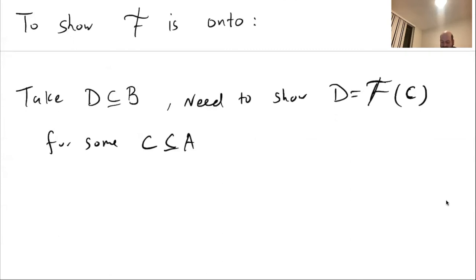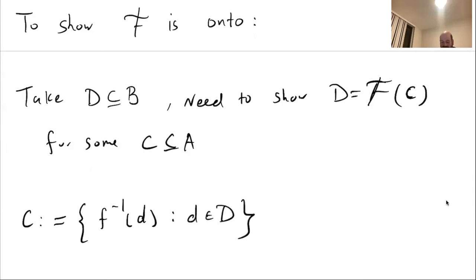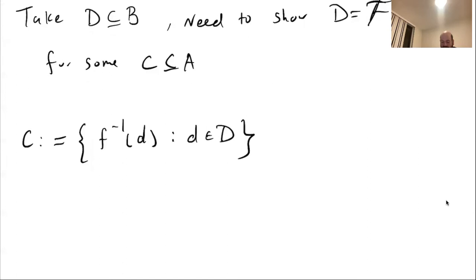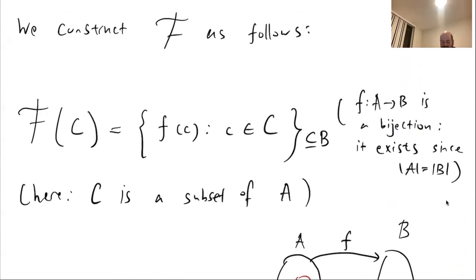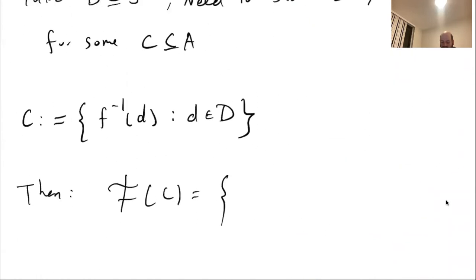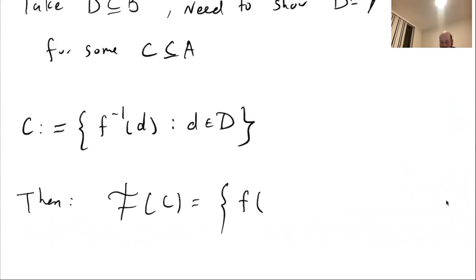So I'm going to consider C to be the set of all elements of the form F inverse of d, where d belongs to D. Then what will be curly F of C? By definition, how can I find curly F of some set? I need to apply small f to every element of that set, which is like F inverse of d, d belongs to D. And F of F inverse is the identity.